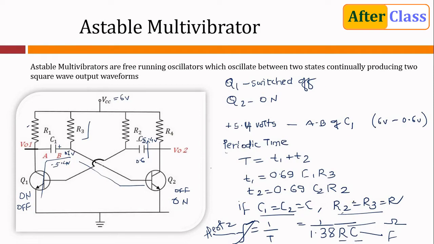So if I want to design this circuit to generate an output of, say, 1 kilohertz, then set the frequency to 1 kilohertz, assume the value of C to be, say, 10 microfarad, and calculate the value of R. When you mount this value of R, let us say X, and 10 microfarad in this circuit, hopefully you should get an output of 1 kilohertz. Follow? Multi meaning many, vibrator meaning oscillator. So we can generate varying frequencies here by varying the components. So this is all about the theoretical background.